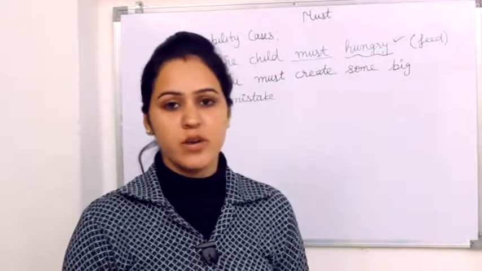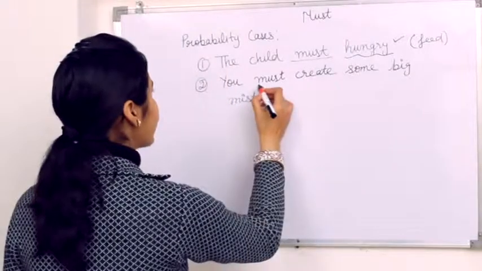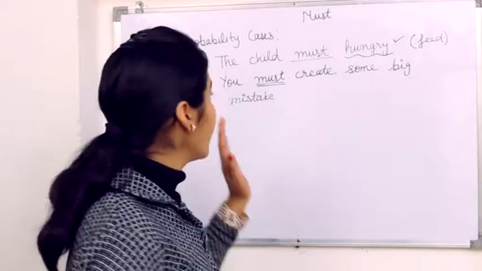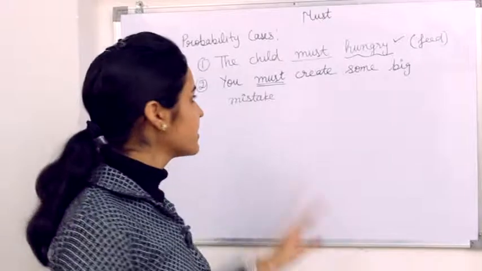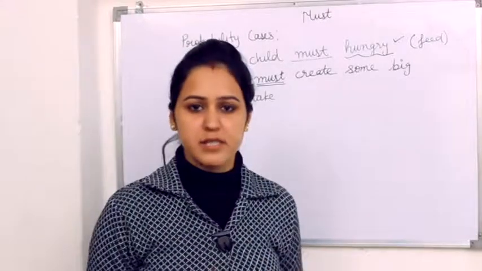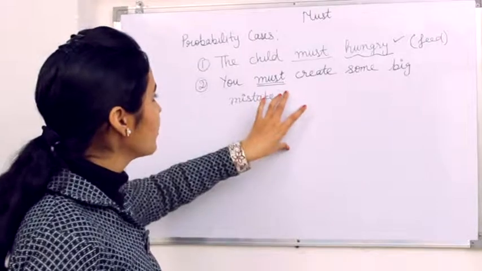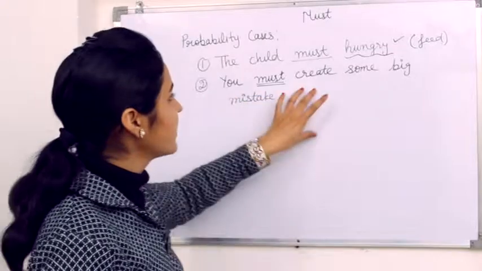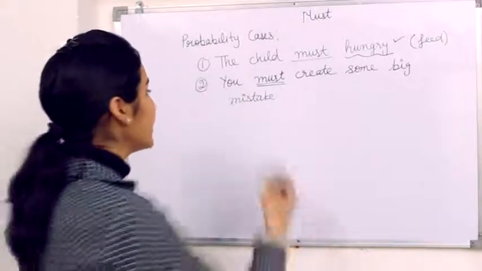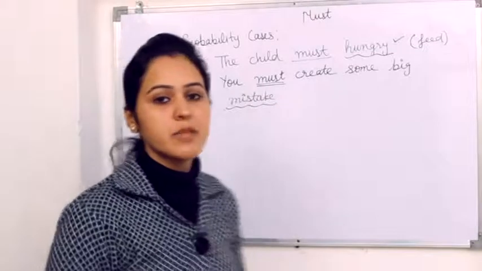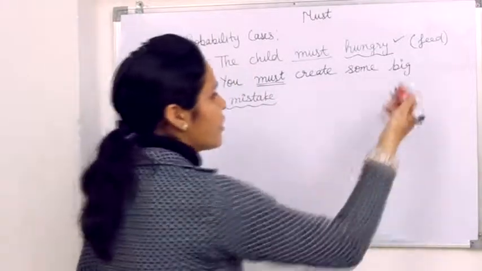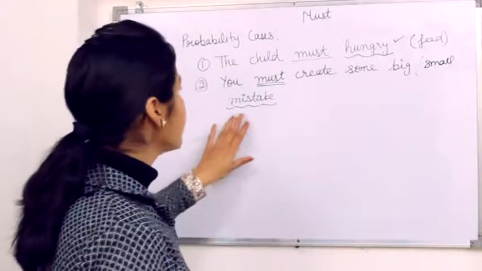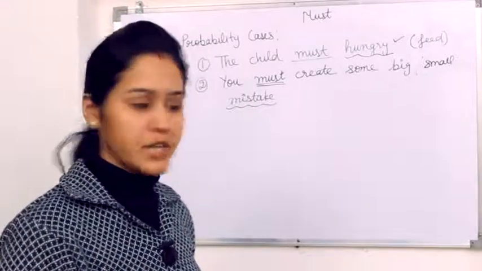So in this probability case, we use must here. Even if I say this is not clear to us, we also use must here, because you must have made some big mistake. We know that this is related to some kind of mistake, whether big or small, but he made it. Then we must use must here. Clear?